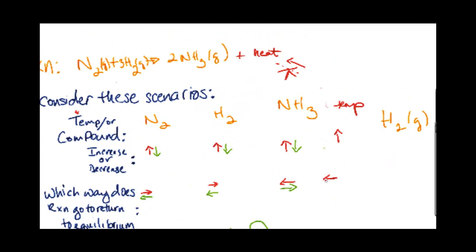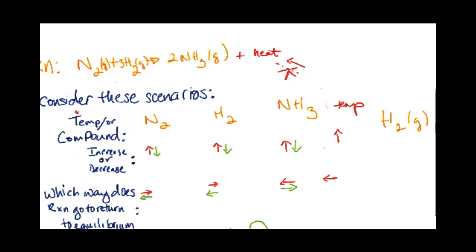It's like increasing one of the products because it's on the product side. Endothermic, the heat would be on the other side if it had a positive delta H, and you would treat the principle as if it was a reactant. So just like the N2s and H2s, it would behave.